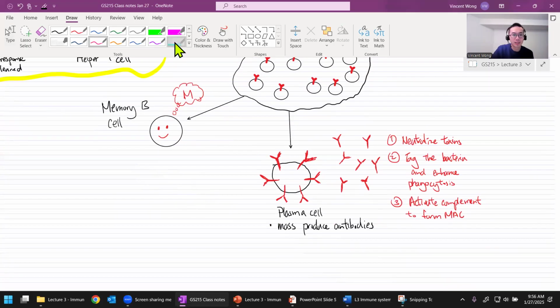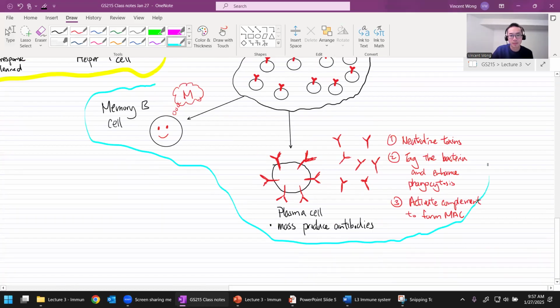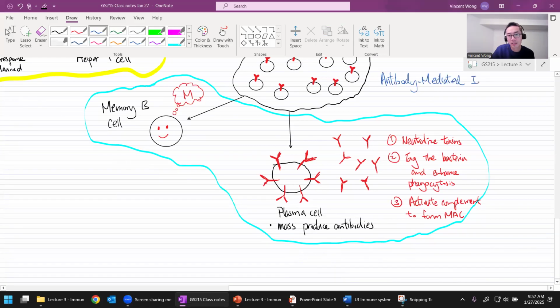Okay, and so this branch here that involves just the B cells, we have another name for these things. This is called antibody mediated immunity.